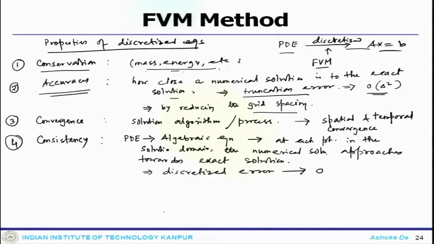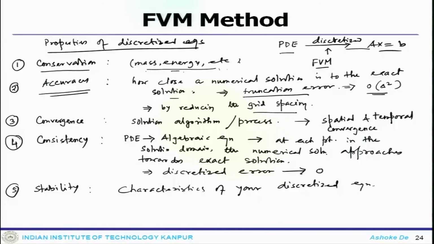Now, the fifth property, which is also very important, is the stability. Okay. Stability is a characteristic of your discretized equation.